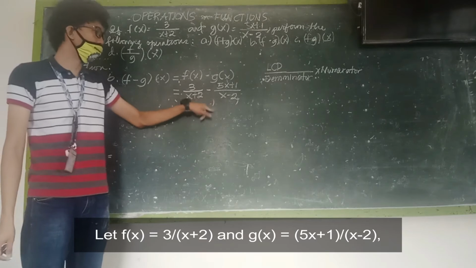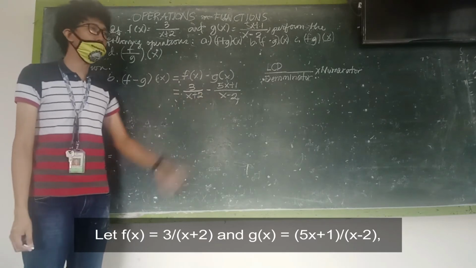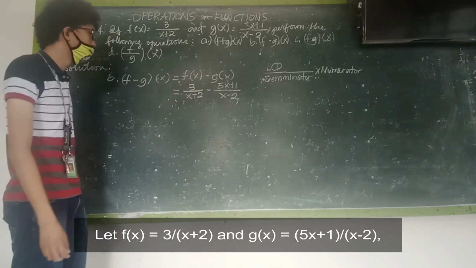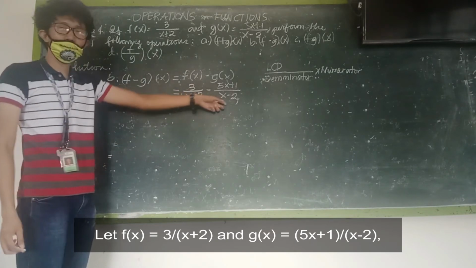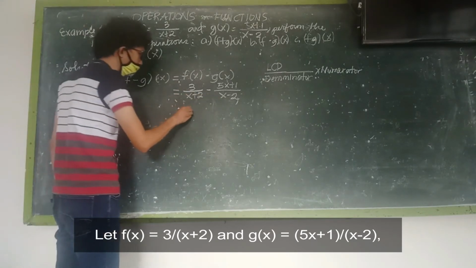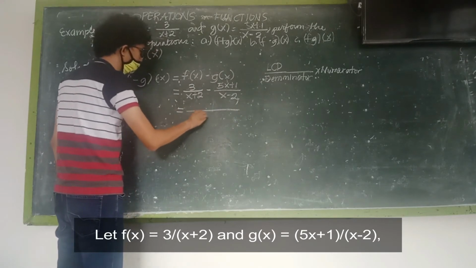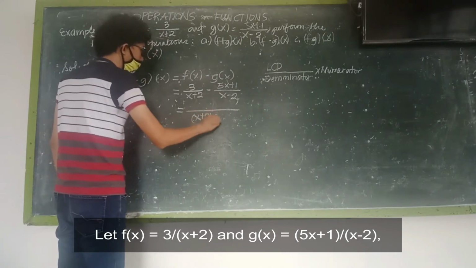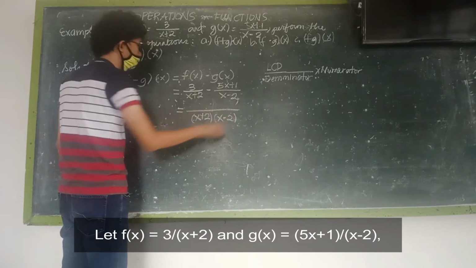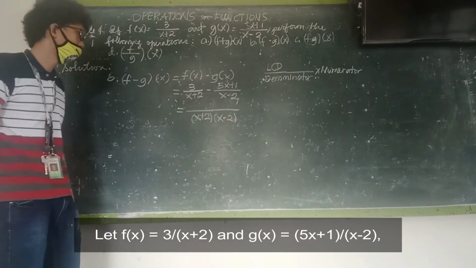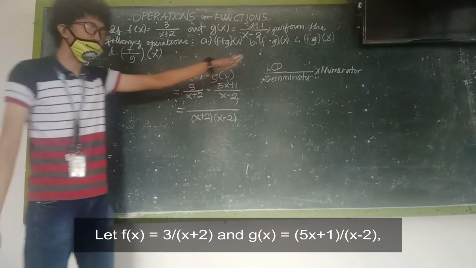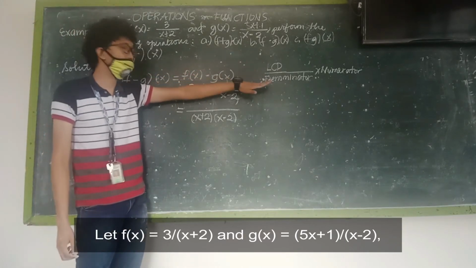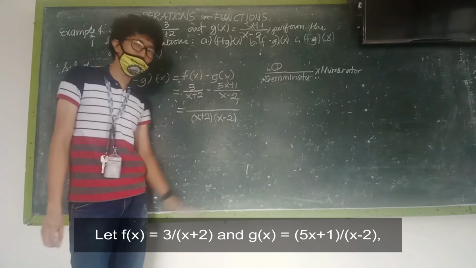Since wala tayong common factor sa kanila, we will conclude that the LCD is x plus 2 times x minus 2. So, same pa rin as kanina. We have this process pa rin.